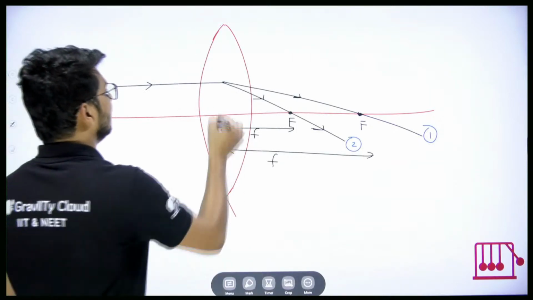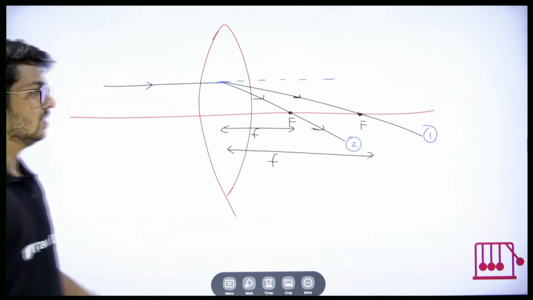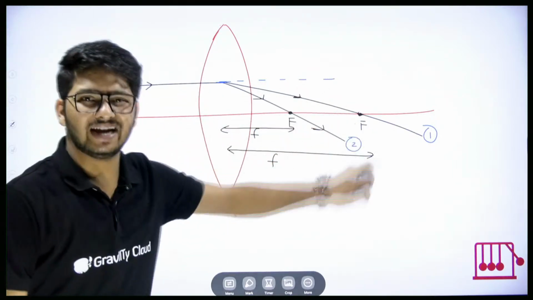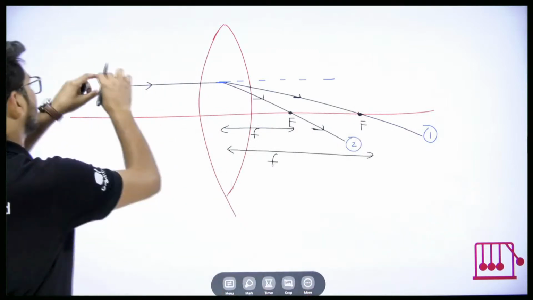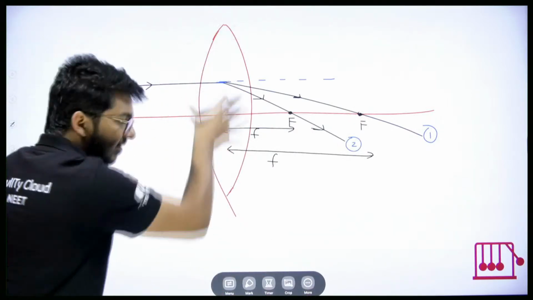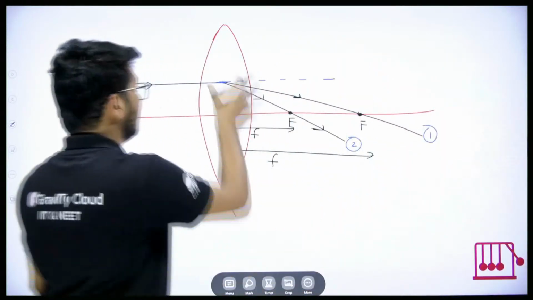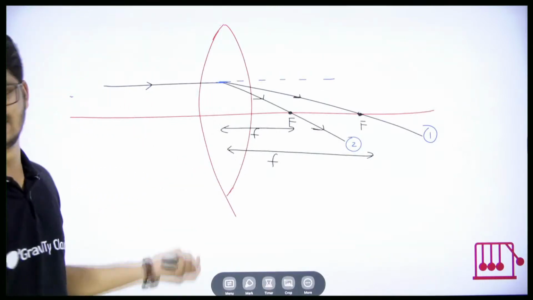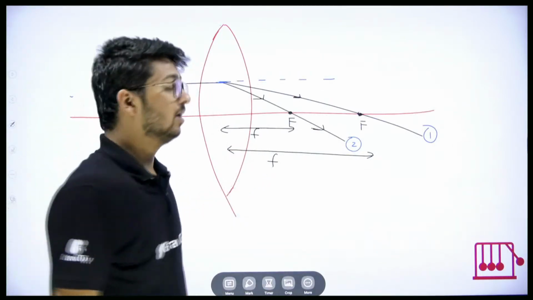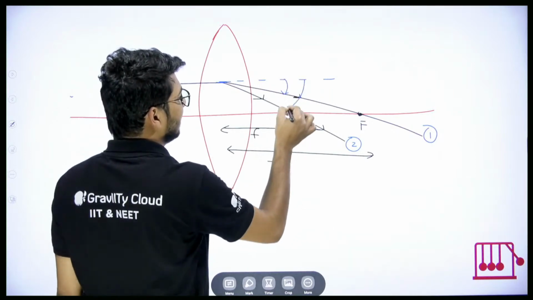And here, if I just look at the bending, this blue dotted line is the direction of the ray. If there was no lens here, the ray would have been going straight. But there is a lens, so there is bending. Now see which ray is bending more.